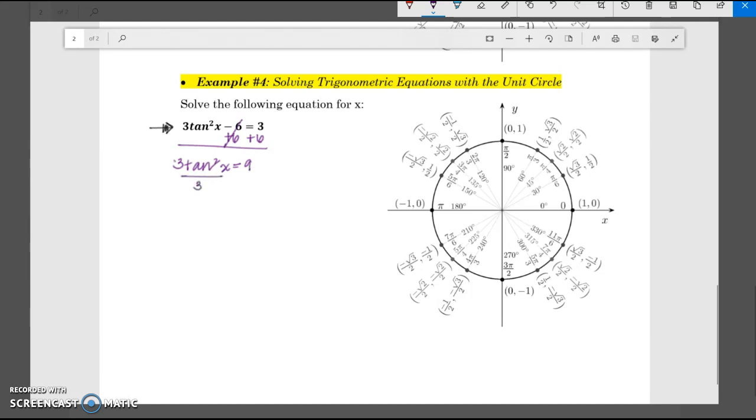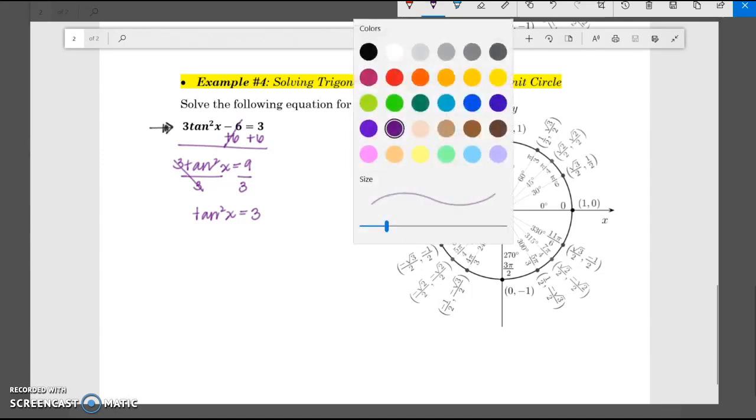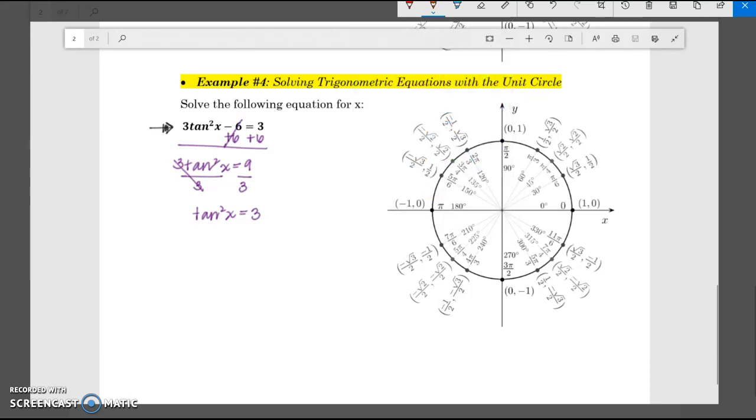From there, we can divide both sides by 3, and we'll have that the tangent squared of x is equal to 3. So here's where we have one different step from what we've seen previously. We have a squared expression, and so just like we've been doing with some of our identities work, if we have something squared and we're trying to solve for it, we just need to take the square root of both sides.